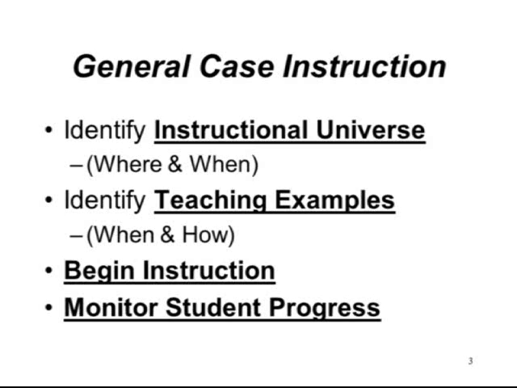How is the student supposed to perform this skill, and when is it supposed to happen? Once we plan those aspects of instruction, then we can start teaching using the examples. And we have to figure out how we're going to monitor the student's progress. We need to measure whether or not the student's learning so that we can make adjustments to the way we're teaching if it isn't having the desired effect.